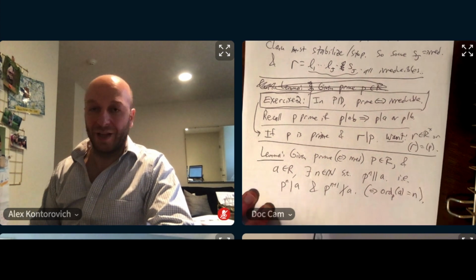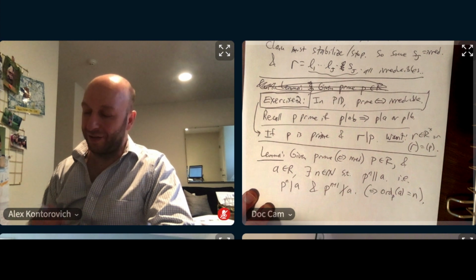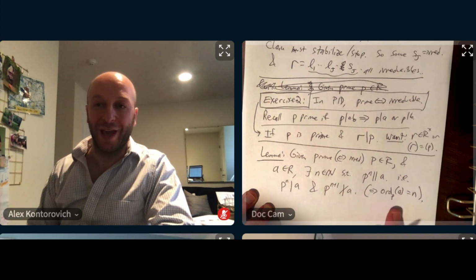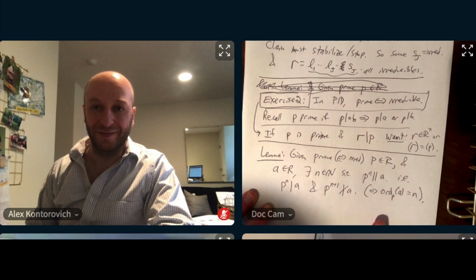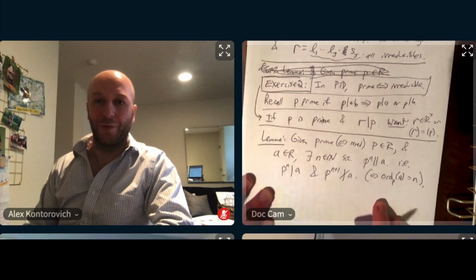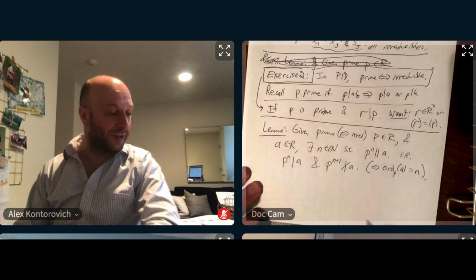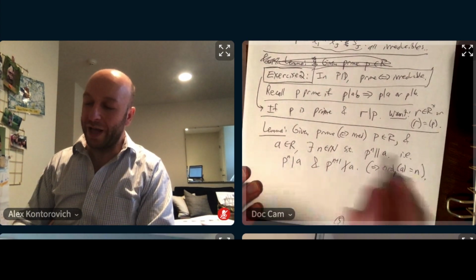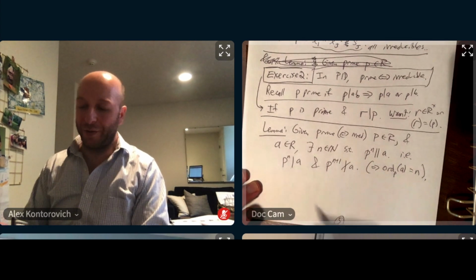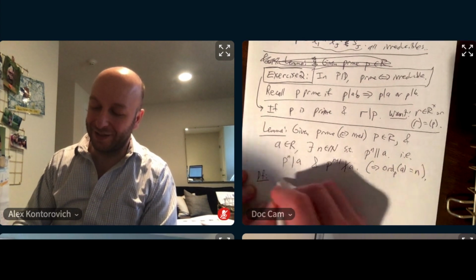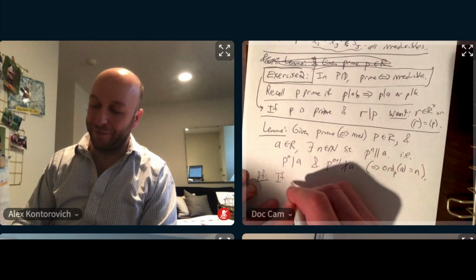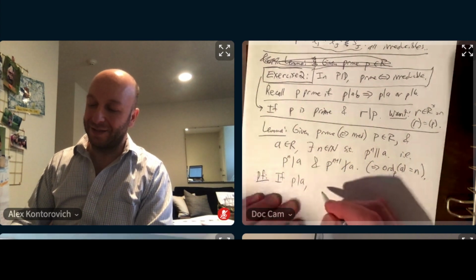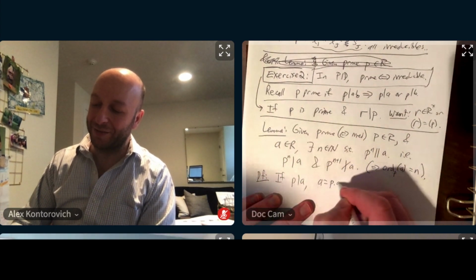So if we have this ORD function, and it behaves the way it's supposed to behave, like a logarithm, then we're golden. Then we exactly mimic the proof of unique factorization that we had before, that we know and love. So how do we prove this lemma? If P divides A, then A is equal to P times A1.